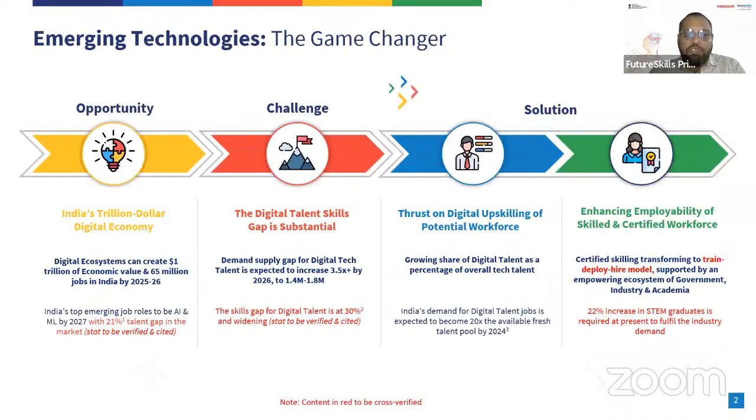So there's a huge opportunity, and the challenge is that there's a gap. There's a huge gap as well. What students and people learn in their existing ecosystem of their college, of their university, is not actually 100% complying with what industry needs. So that is where the gap comes up.